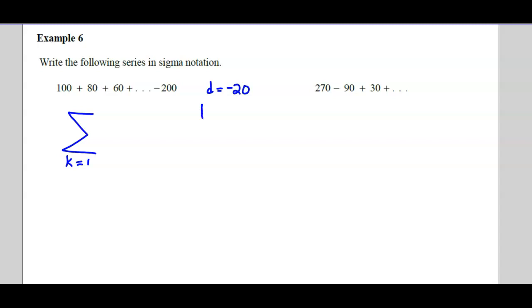Okay, so for arithmetic, remember the general term formula is that. So I want to do that for these terms here and simplify it. We always want to simplify. So in this case, Tn would be 100 plus (n minus 1) times (negative 20). When you substitute a negative value into d, please put brackets around it.